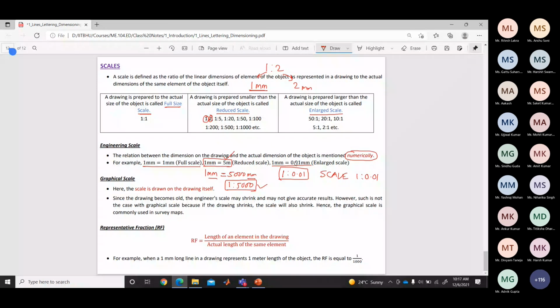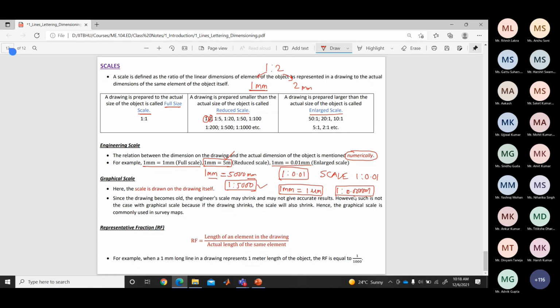Also, another example of enlarged scale, let's say 1 mm on the drawing is equal to 1 micron. So either you can mention 1 mm is equal to 1 micron on the drawing, or you can also mention 1 is to how much, then it will be 1 is to 0.00001.